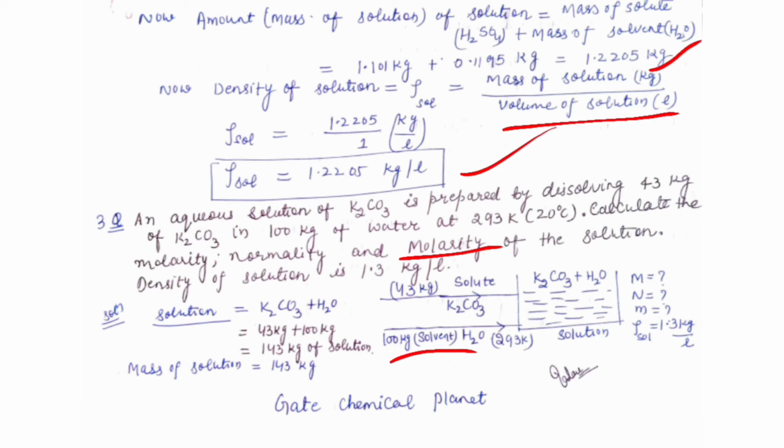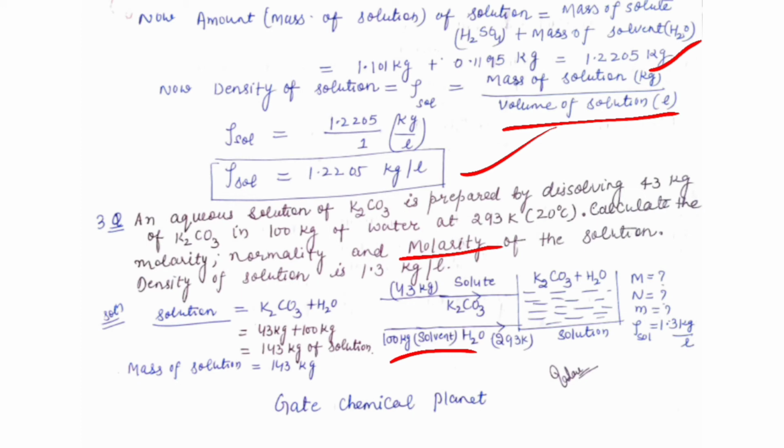So the mass of solvent is already given, and we have the volume of solution. The volume of solution is 1 liter. And density of solution is given as 1.3 kilograms per liter. So molarity, normality and molality are asked in the question.